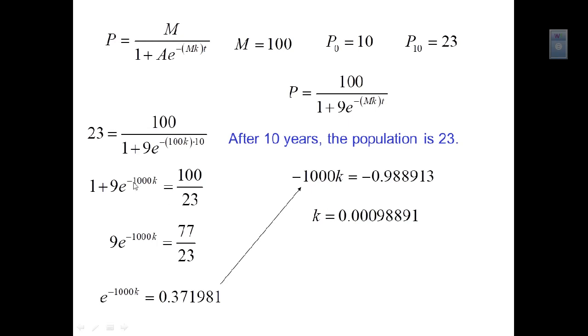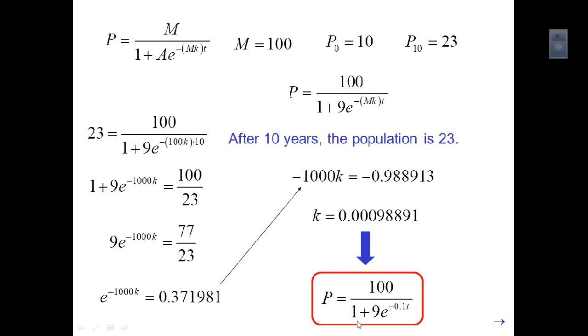Now, keep in mind that this whole exponent right here is negative 1000k. So if you take this and multiply it by 1000, you're going to get approximately negative 0.1 times the t. Remember, this negative 1000k came from the t and the k. No, sorry, the t and the m. But then once you find that thing, that's just going to be the k.